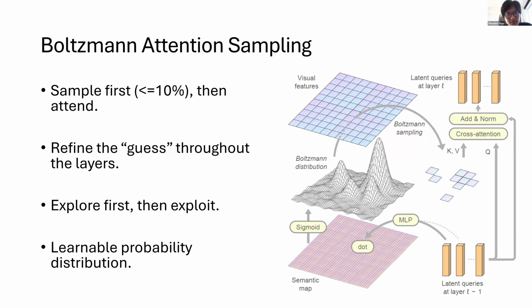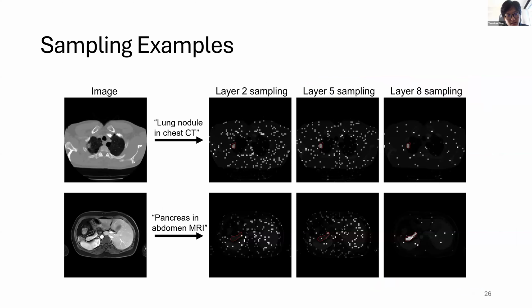They do another refined guess and then attend to those patches. This guess refining allows exploration and exploitation. In different parts of the model, we can use a temperature parameter to control how much this distribution is spread across the image.